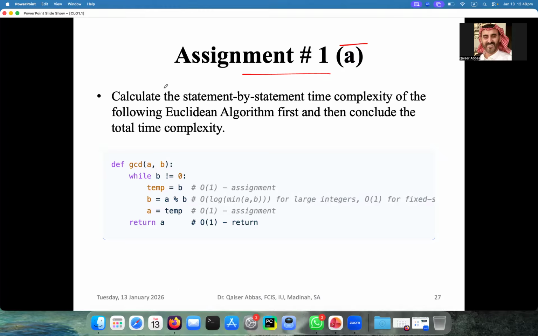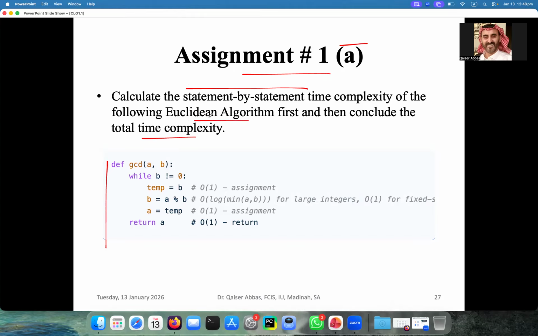What it is saying: calculate the statement by statement complexity of this algorithm, which is the Euclidean algorithm, and then calculate the total time. First, give me statement by statement and then sum them up. Ignore the lower terms, take only the higher one, and that would be your total time complexity.